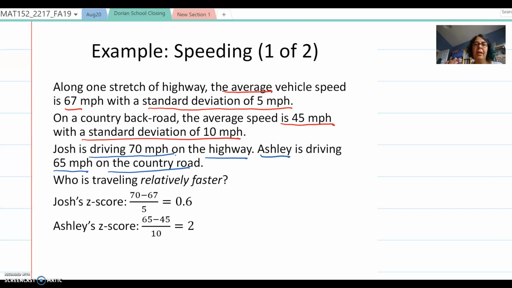So the idea of this problem, because Josh is driving on a highway, we need to look at Josh's case on the highway limitations. Whatever the highway average speed is, whatever the highway standard deviation is. So we're going to find Josh's relative positioning in terms of the highway.